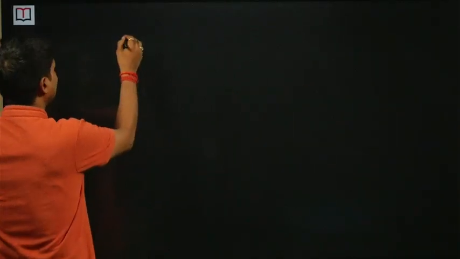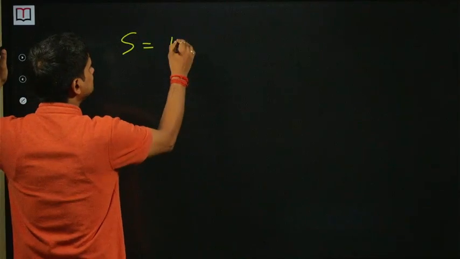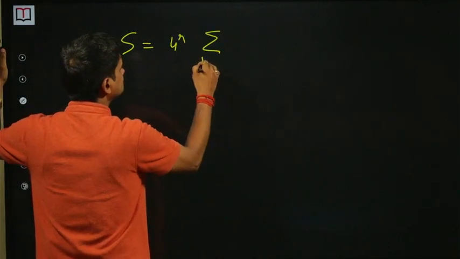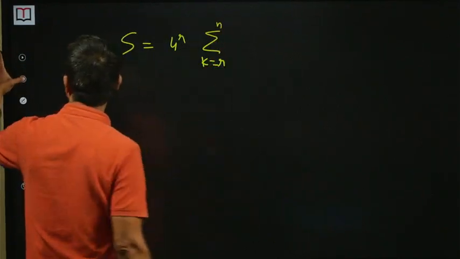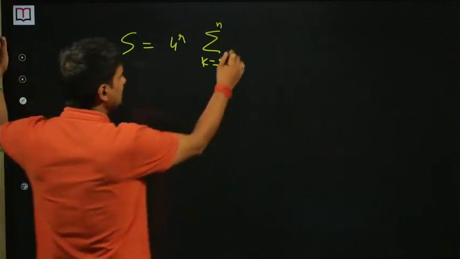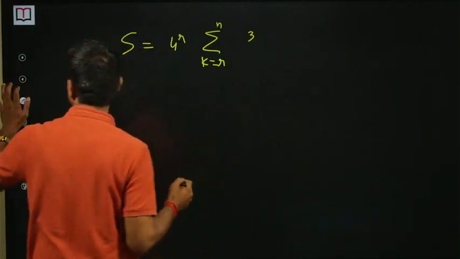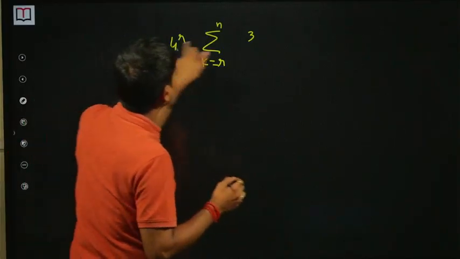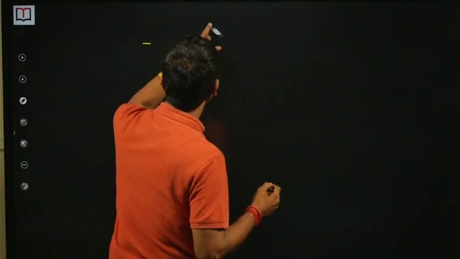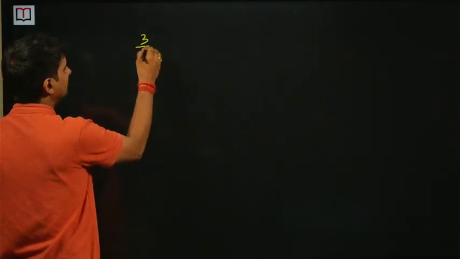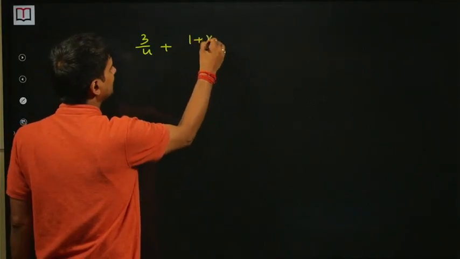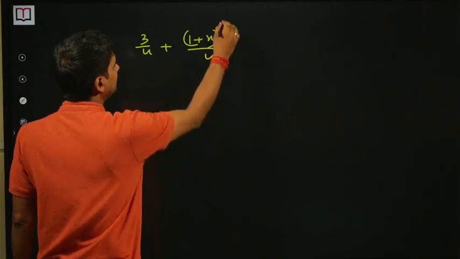So if I consider, it's 3 by 4, I have to write the binomial, okay, wait. So it's 3 by 4 plus 1 plus x whole square by 4, raised to the power n.